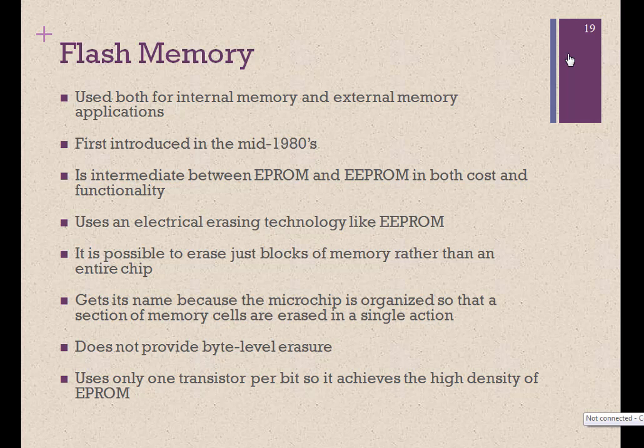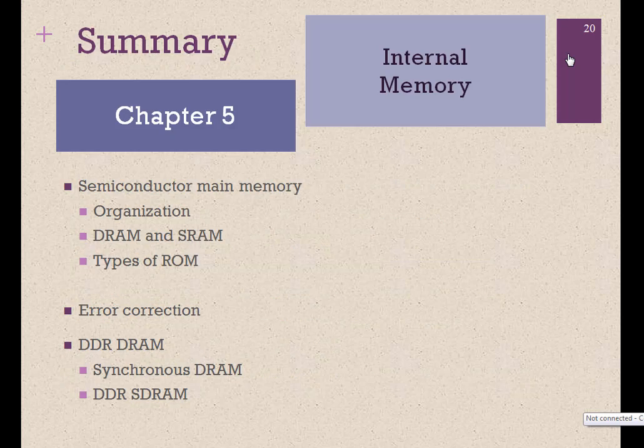It is possible to erase just blocks of memory rather than the entire chip. It uses only one transistor per bit, so it achieves the high density of EEPROM. The summary of this lecture is semiconductor main memory, its organization, DRAM, SRAM, types of ROM, error correction, DDR DRAM, synchronous DRAM, and DDR SDRAM.